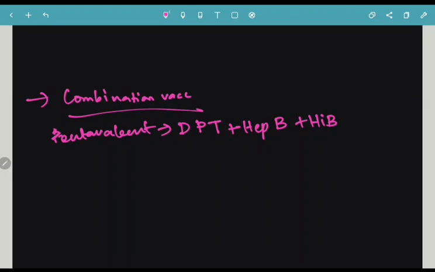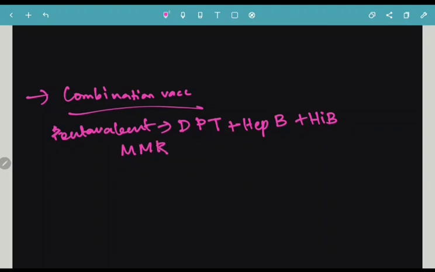And DPT and MMR are also combination vaccines.